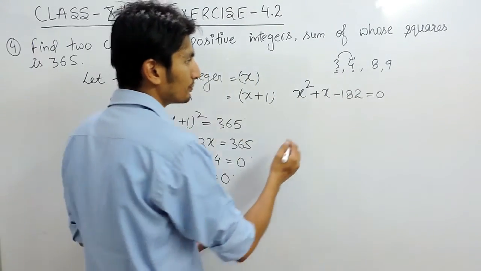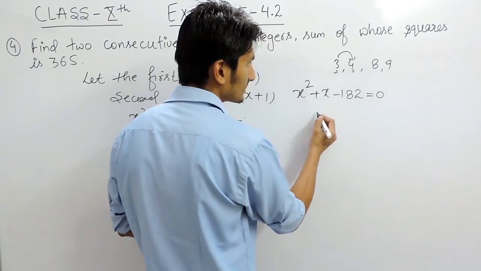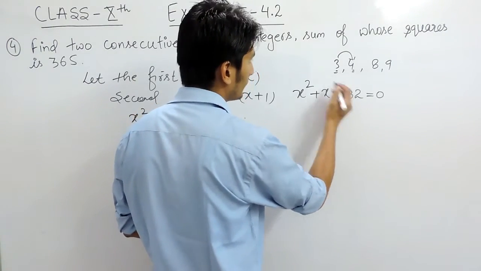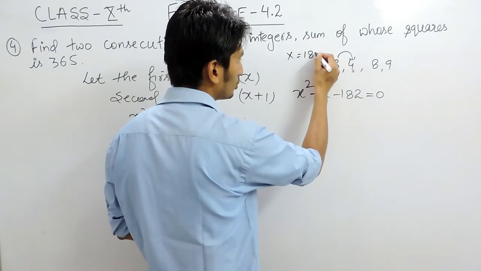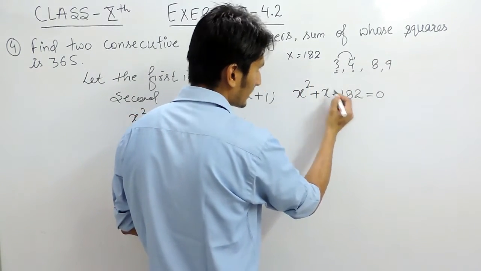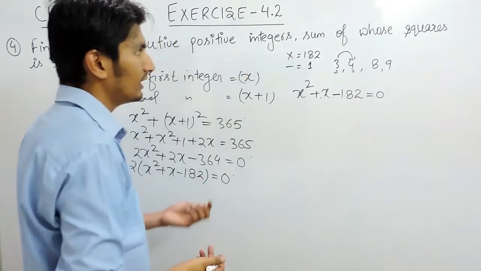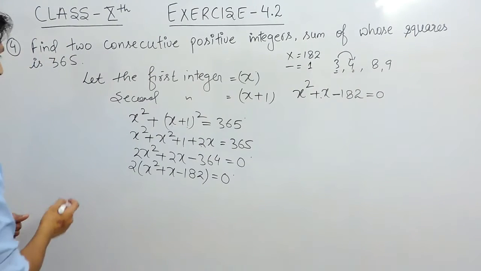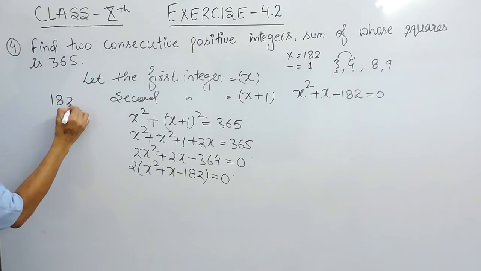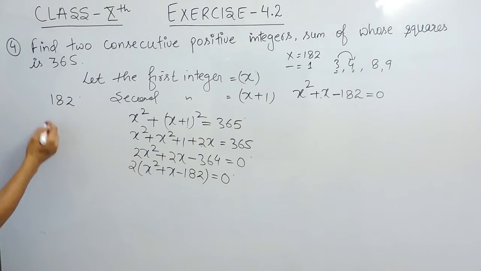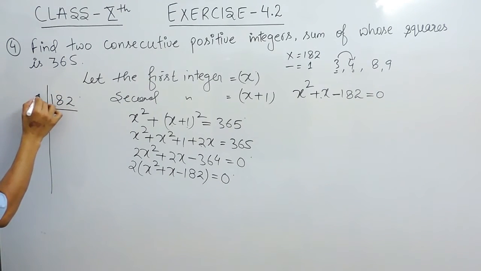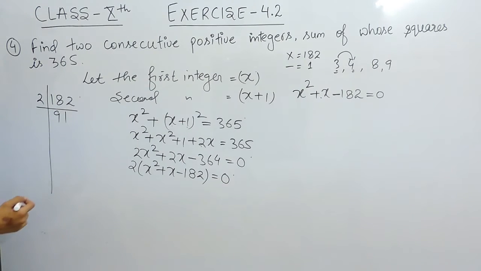For that you have to split this middle term into two parts such that the multiplication of those numbers is equal to 182, and because here is a negative sign, their difference must be equal to 1. For that we have to factorize 182. Factoring 182 gives 2 times 91, and 91 is 7 times 13.